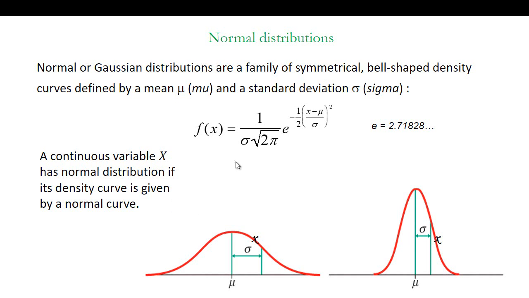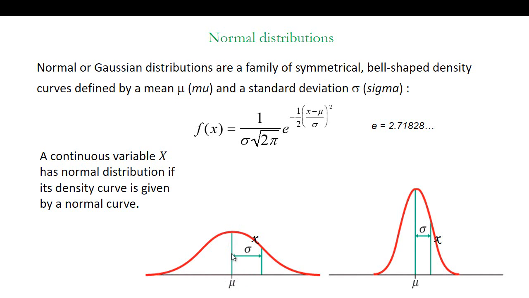The density curves here, you can see, are bell-shaped and symmetric about the mean. The part of the curve on the right side of mu is the reflection of the left side of mu.